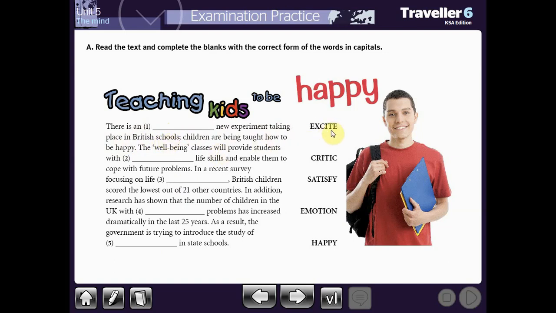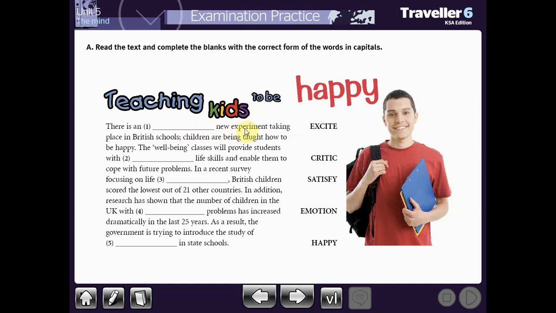We have the word excite here. Excite is a verb. It means to make someone have strong feelings of happiness and enthusiasm. I don't want to put a verb here. We want to add a suffix to the verb so as to make it an adjective, because here we have a noun.